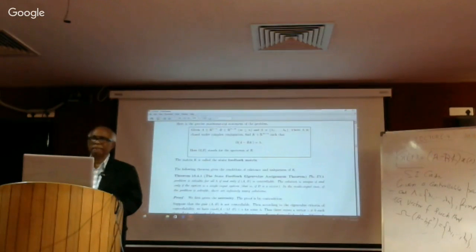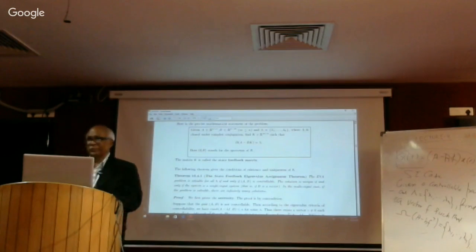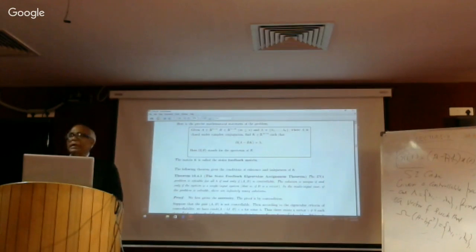Sir, what does the spectrum of a matrix tell us? The spectrum of the matrix doesn't have any role to play here except that the system is controllable, that means all the modes, all the eigenvalues of the matrix A, have to be controllable. That's all we need. We need that assumption for the existence of the solution.